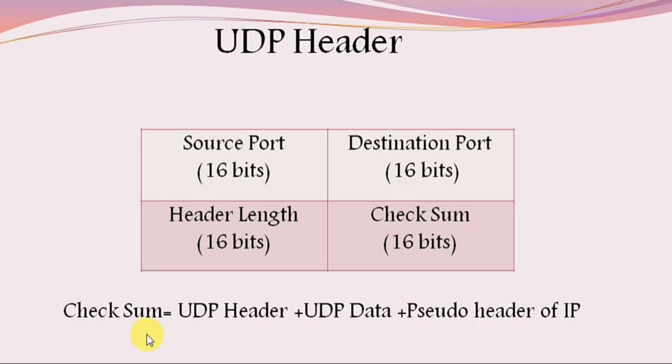If the receiver's calculated checksum matches the checksum value given by the sender, then there is no error in the data. If the receiver's calculated checksum value and the sender's checksum value do not match, then the receiver indicates that there is some error in the data. Here, in user datagram protocol, the checksum field is optional. Why? As we know, UDP is unreliable and a connectionless protocol.